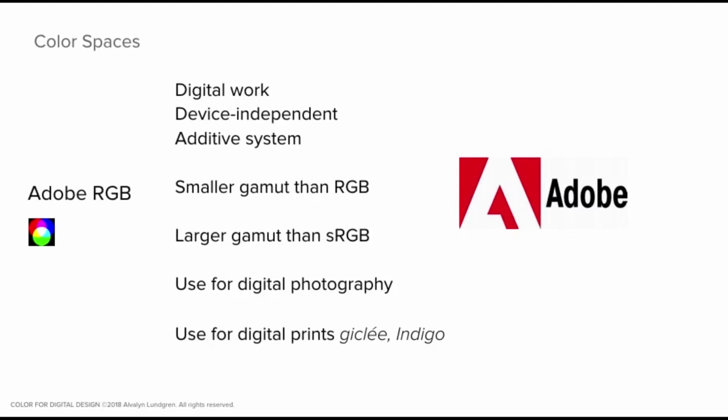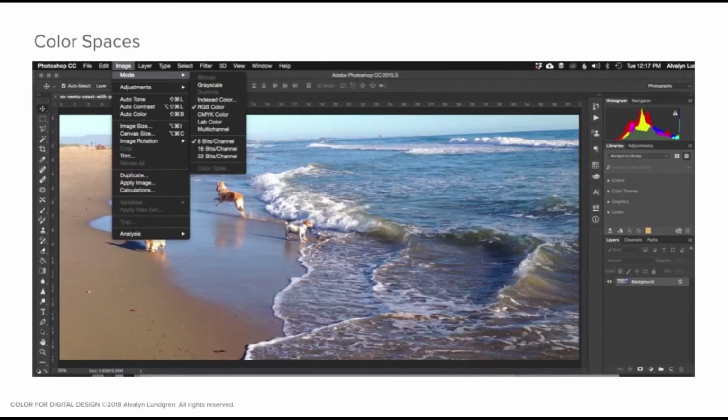It's a larger color space, has a larger gamut, but it has a smaller gamut than regular RGB. It's a color space that was developed by Adobe specifically for digital photography. And if you are running Giclée prints or Indigo prints, things like that, you would want to set your color space to Adobe RGB. So how do you set color spaces?